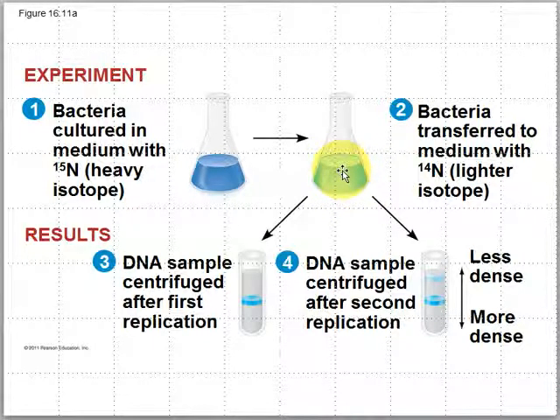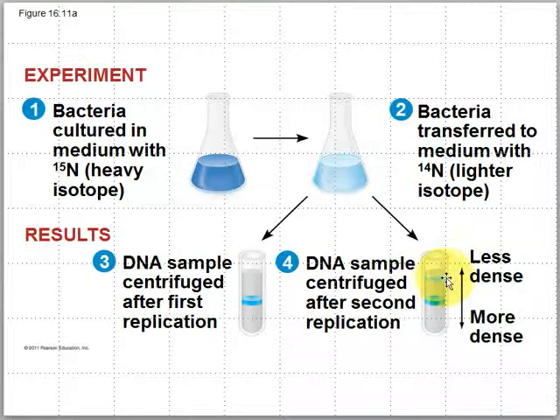Then, after the first DNA sample went through the centrifuge, after the first replication, this is what they got. They got a band of material with a mixed band of the nitrogen DNA material in the middle. So this mixed band tells you that it's a combination of both the lighter and the heavier. Then, after the second replication, again they took a sample and spun it in the centrifuge, and they got two different bands.